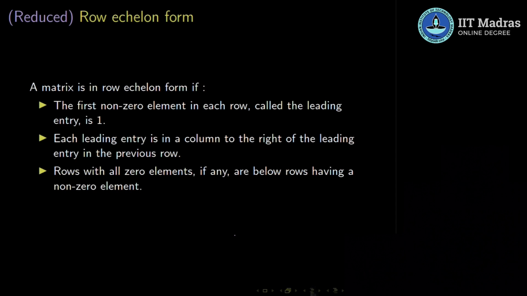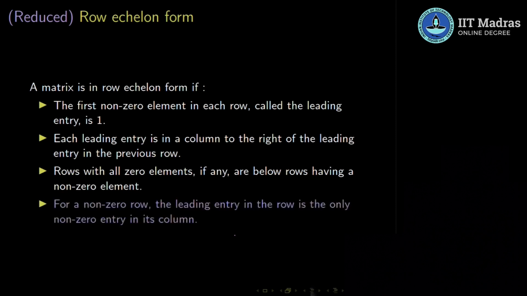Okay. And then if you want the matrix to have one further property, which is the following: for a non-zero row, you look at the leading entry, that first one that you have, and then you look at the entire column.